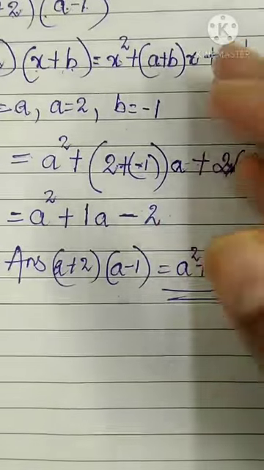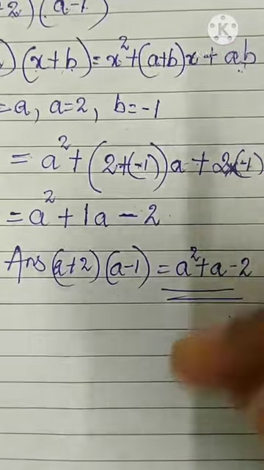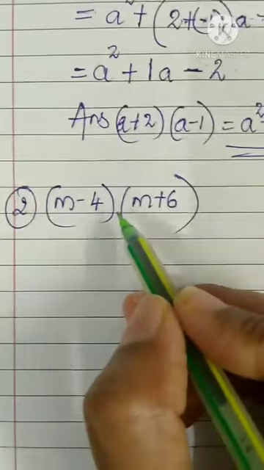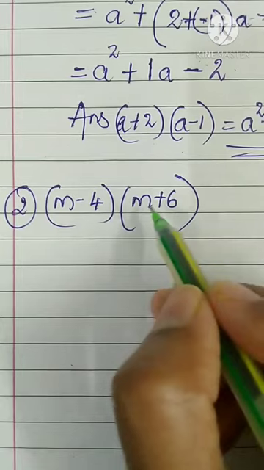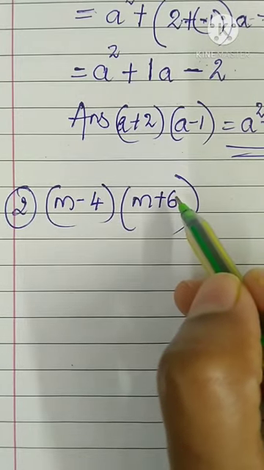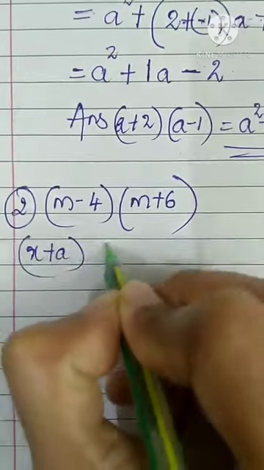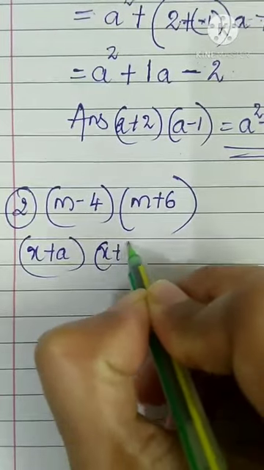Only then will you get the formula clearly. Okay, so we need practice. Let's take the next sum. Now in the second sum you have m minus 4 into m plus 6. Use the formula x plus a multiplied by x plus b.